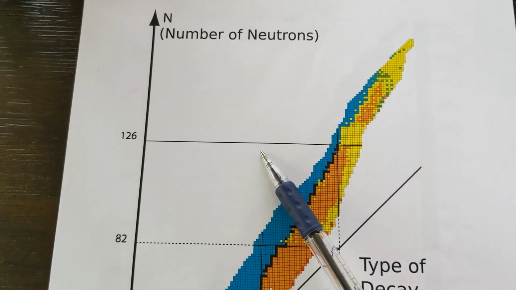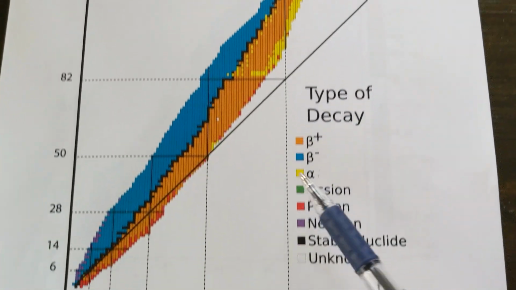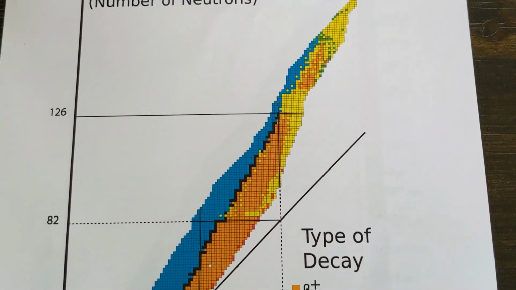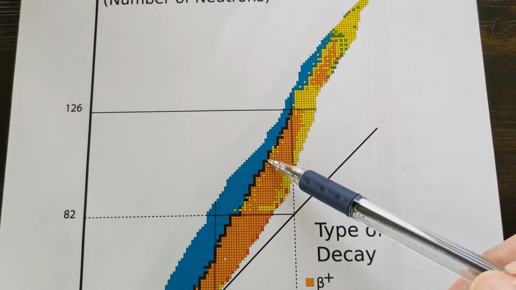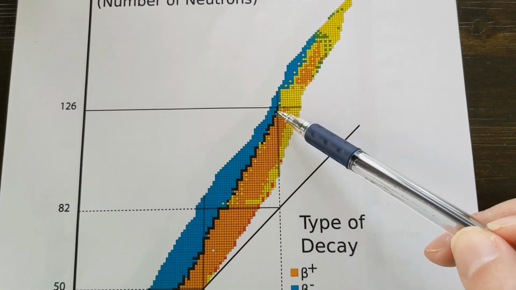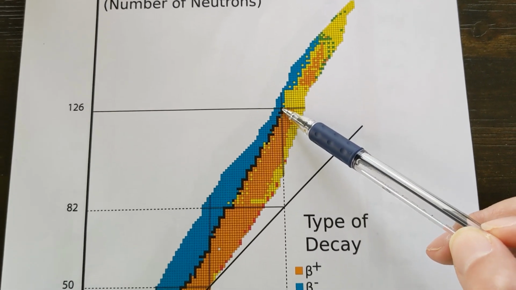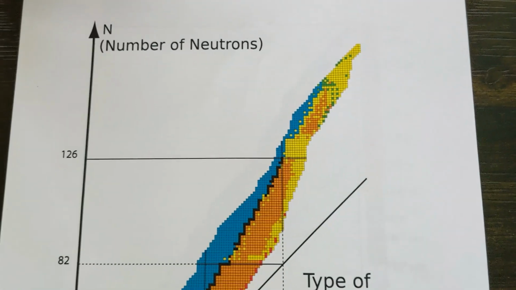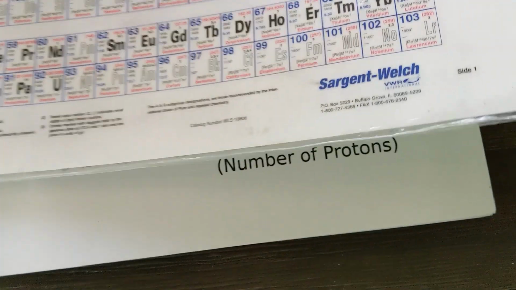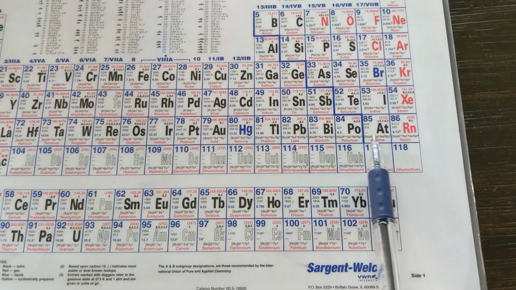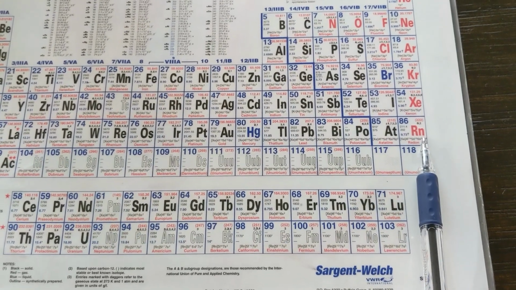Also notice the atomic number down here, 82. If you look up here at 82, our black or stable nuclei kind of disappear after this. Pretty much after atomic number 82, which on the periodic table is lead, everything larger than lead is radioactive.